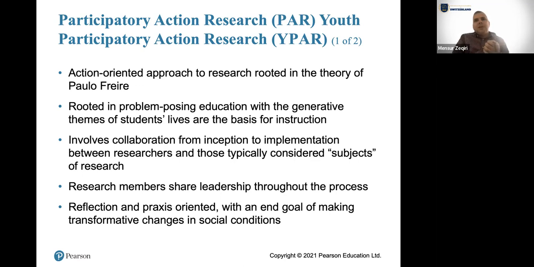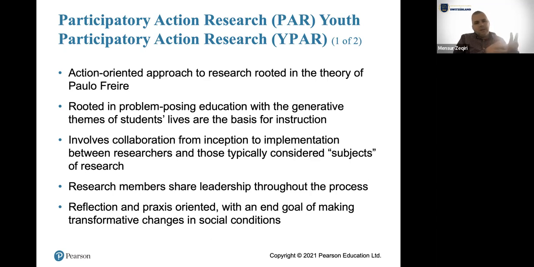Based on this, it was viewed as a liberatory and transformative act. So this participatory action research and the researchers that do this kind of research, they do disagree with the positivist view of research as being objective, impartial, and value neutral.